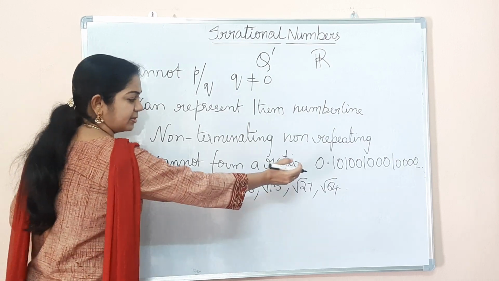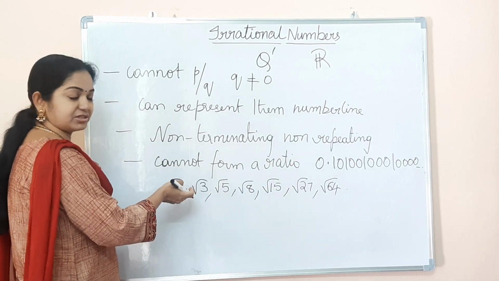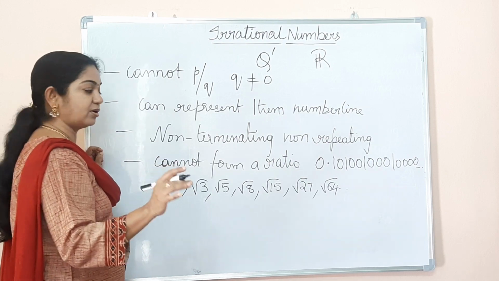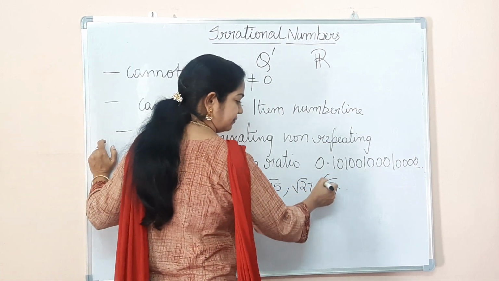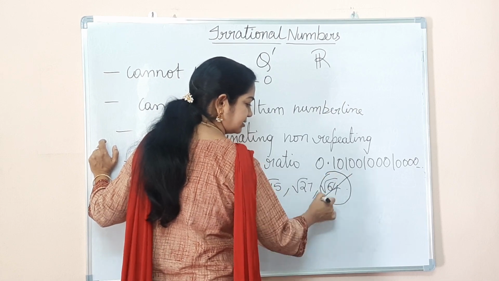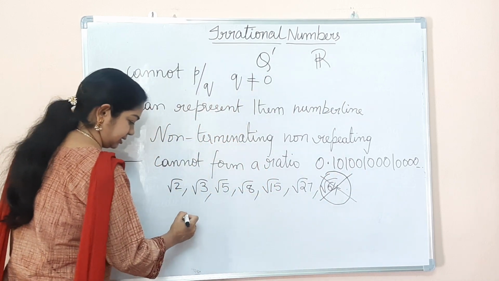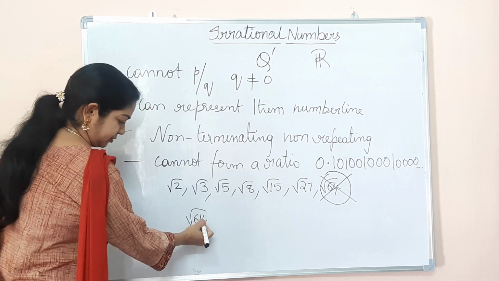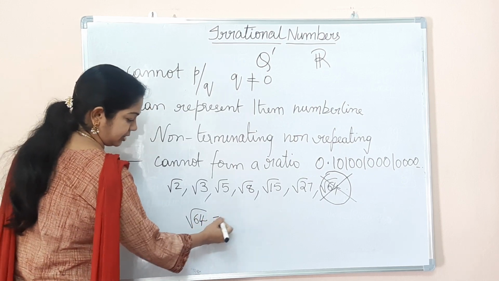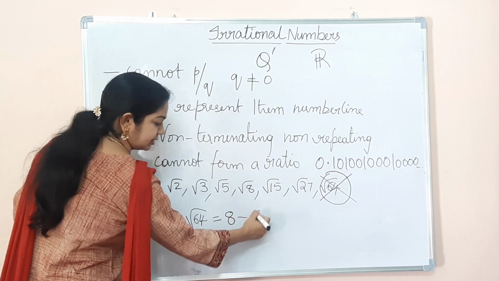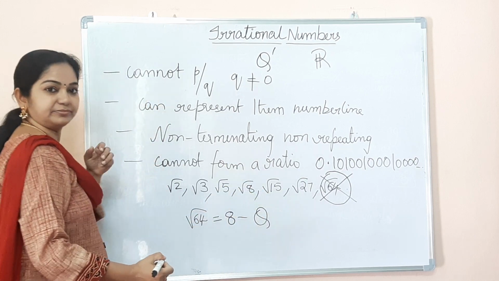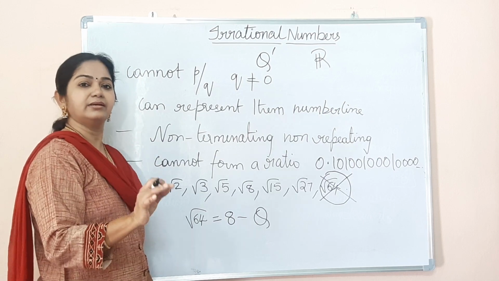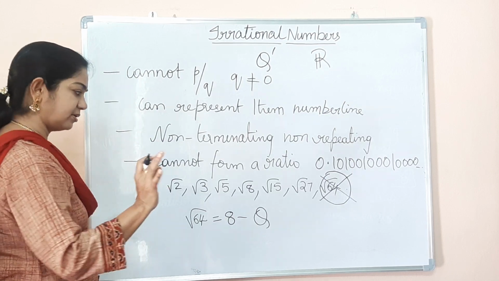I told you they are irrational, but not all the numbers coming under a square root are irrational. Take root 64, this is not irrational. It is the value 8. 8 is rational, isn't it? Then we can say that not all numbers coming under square root are irrational.